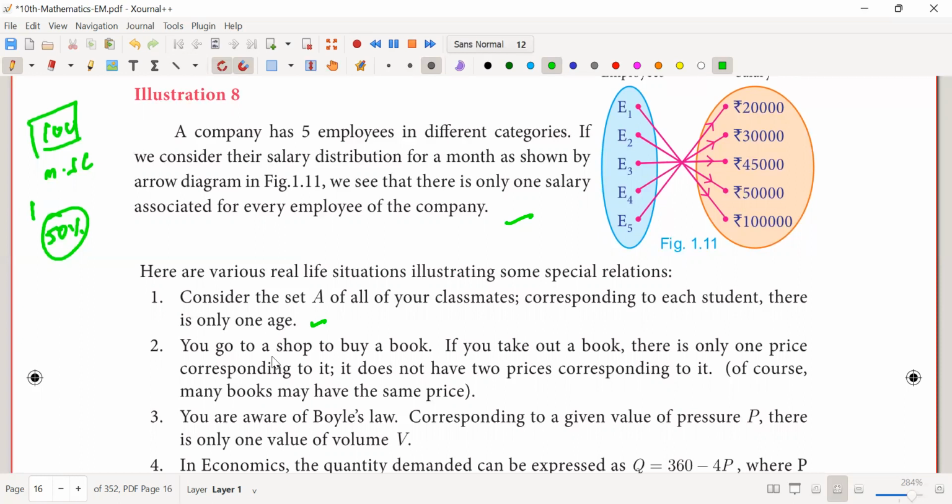It can't be less than 13. It is not eligible for 10 at all. So 14, 15, and 16 may be your class group. So one student will be related to one age only. You can't be related to age 13 and age 14 or age 15. So only one relation is possible from set A to set B.